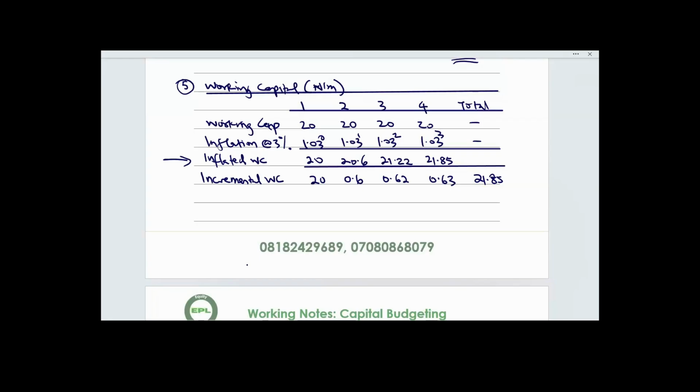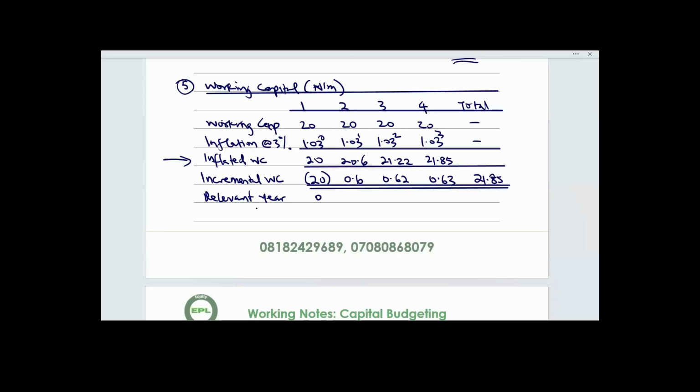When you add up 20 plus 0.6 plus 0.62 plus 0.63, we have the same thing as 21.85. The rule says working capital should be treated as cash outflow in the year before the year of occurrence and then recovered fully at the end of the useful life. Therefore, I can come here, relevant year. The 20 million that occurs in the first year will be treated as cash outflow in the year before year one, which is year 0.